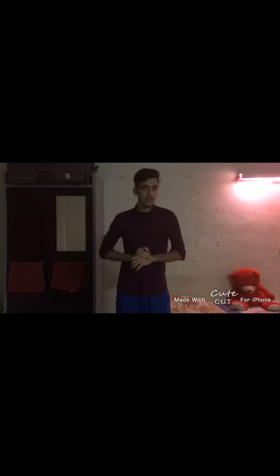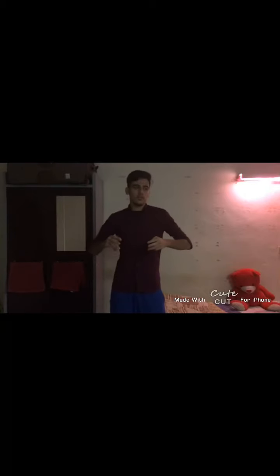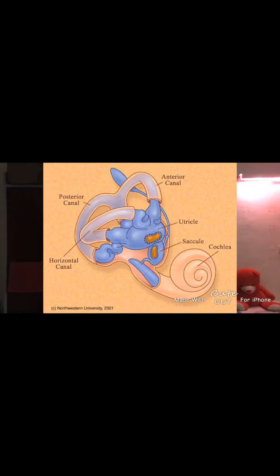The static equilibrium, however, maintains the body position due to gravity, without moving. There are three organs which are the equilibrium receptors. They are called the vestibular apparatus, and those are the saccule, the utricle, and the semicircular ducts, as you can see in this picture.